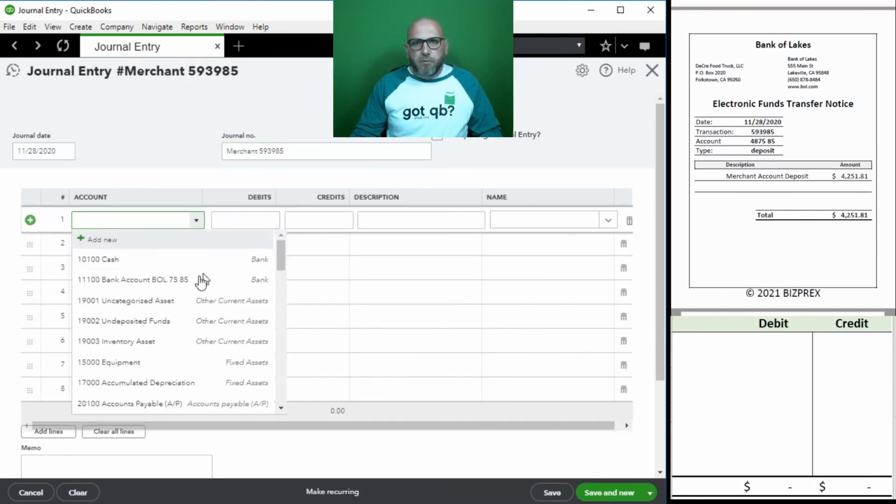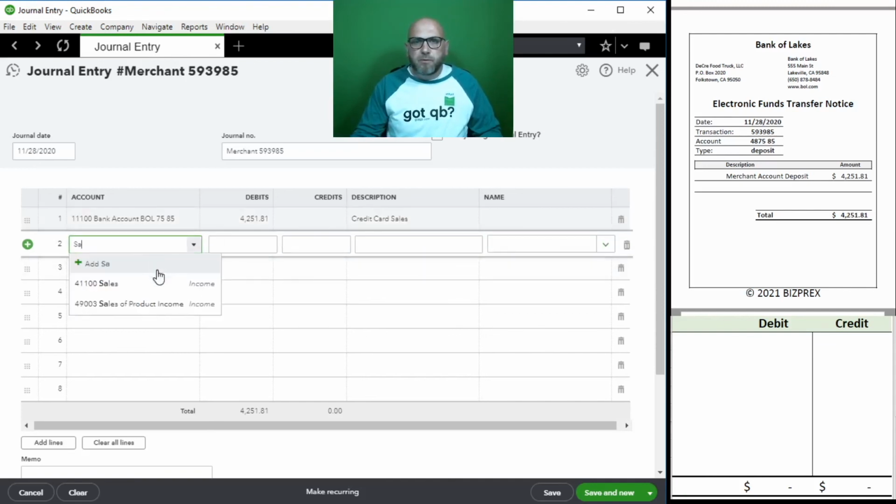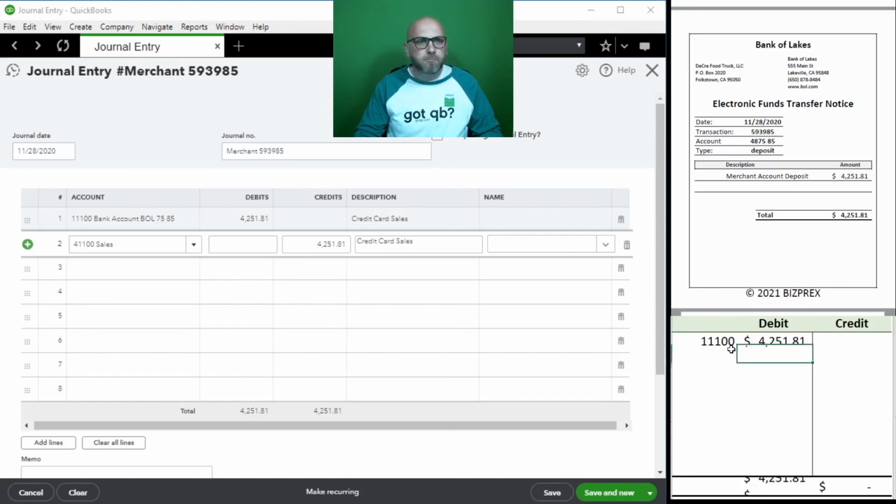So we know our bank account will go up, therefore it has to be debited. And we know that the source of this money is sales, so here it is. Let's make sure it's reflected here, even though we pretty much know it from this interface, but to solidify the knowledge.